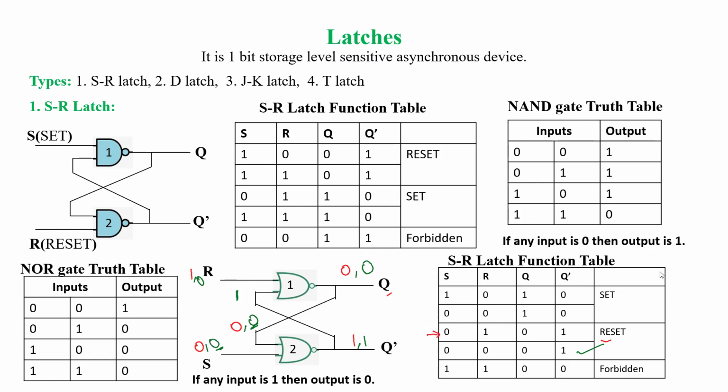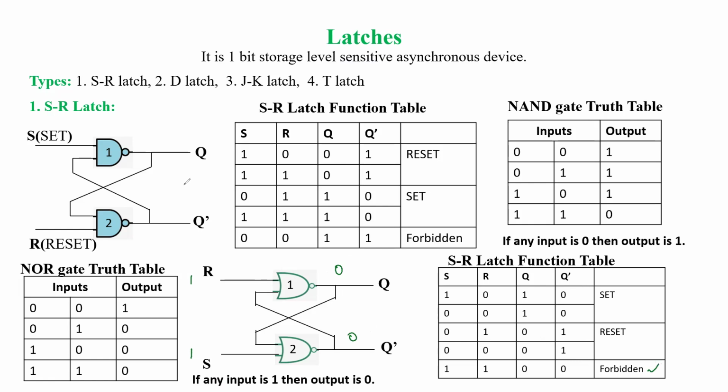Now if you observe, in the case of the NOR gate, if we keep R as 1 and S as 1, then we can predict that the output of NOR gate 1 will be 0 and the output of NOR gate 2 will also be 0. This condition is called the forbidden condition.